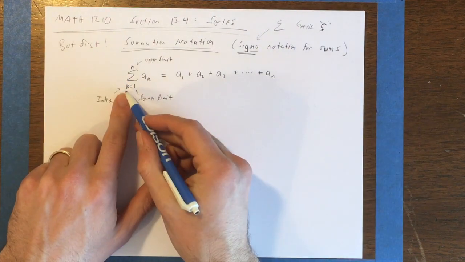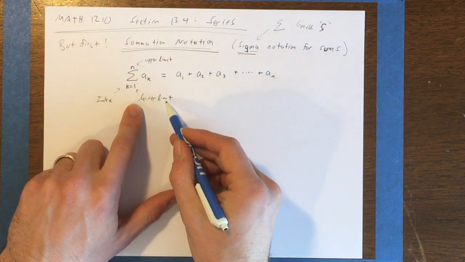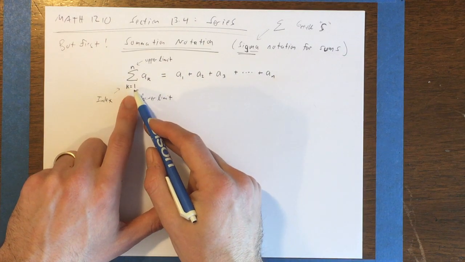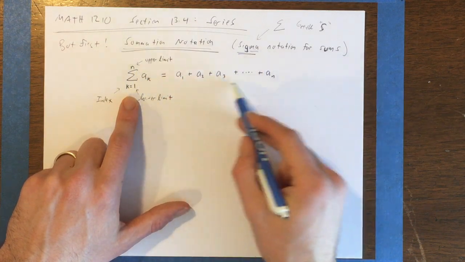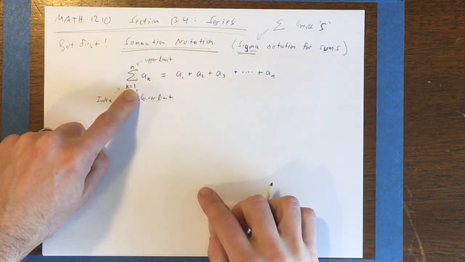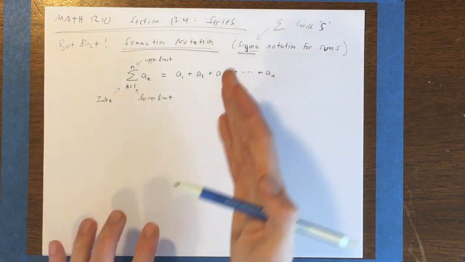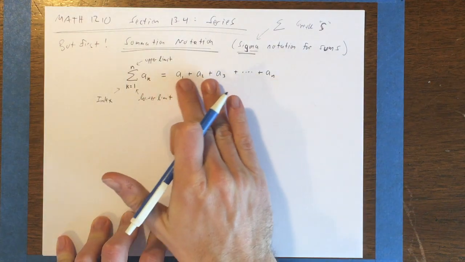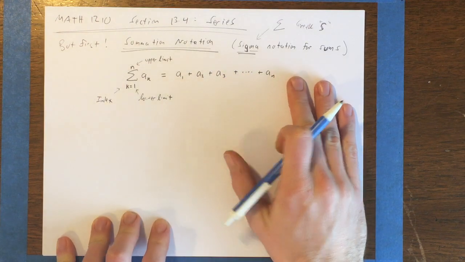The lower limit of 1 means you start with a_1. But if it said k equals 4 to 20, you would start with a_4 and add up to a_20. So the numbers below and above the sigma tell you the first and last terms in the sum, but you have to add all the terms in between as well.